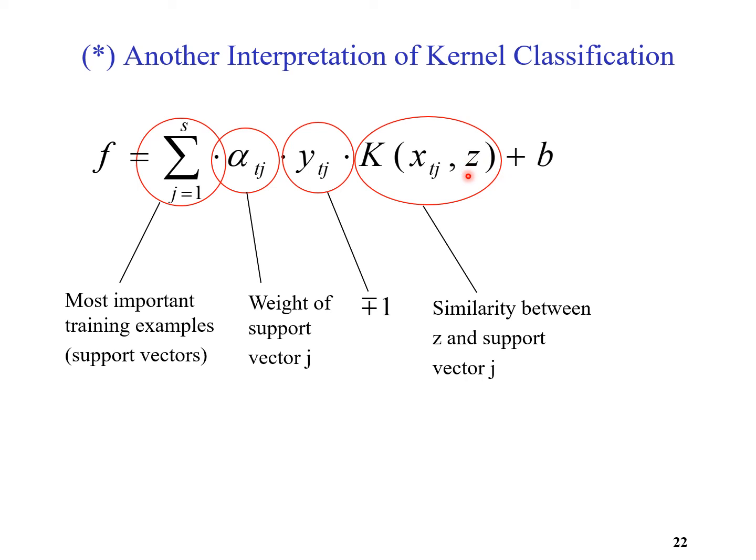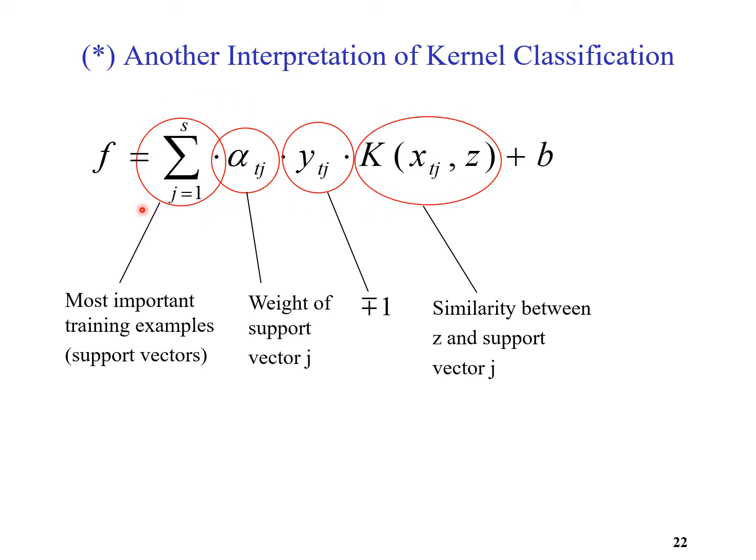When you are going to classify new data Z, you use the kernel function. Basically, for the new data Z, you calculate the similarity between Z and each of the support vectors. Then you calculate the weighted average of this similarity, where this is the importance of each support vector.